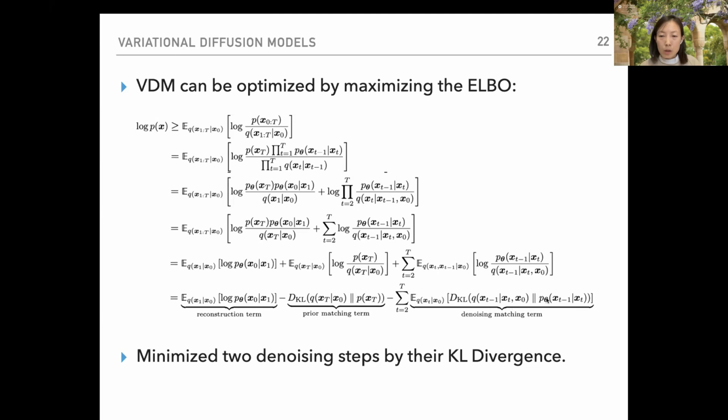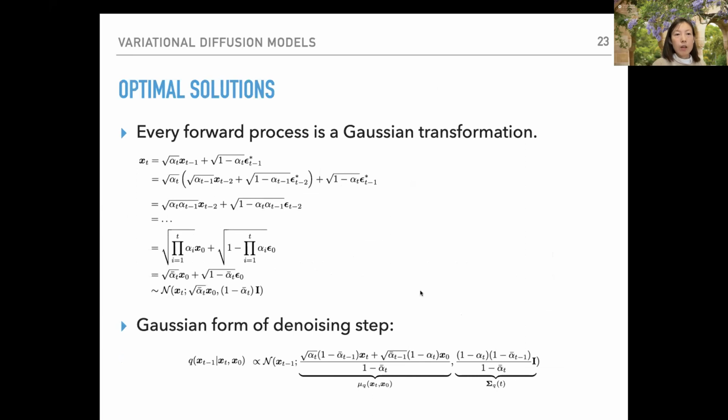Here is the neural network we want to learn. It is a denoising transition step, and here is the ground truth denoising transition step. And it can be written as a KL divergence. To optimize this, there are two solutions. Because every forward process is a Gaussian transformation, we can rewrite x_t as a function of x_0. And the Gaussian form of the denoising step follows this formula.